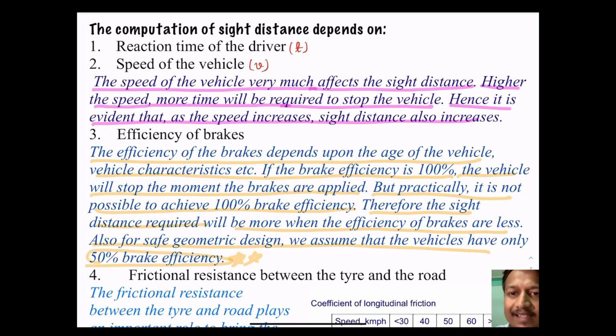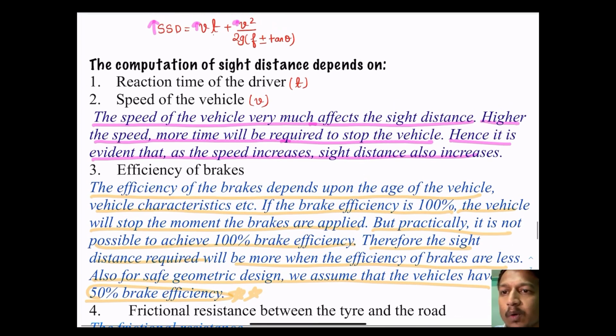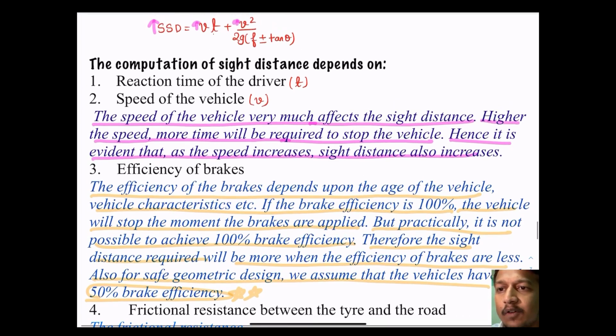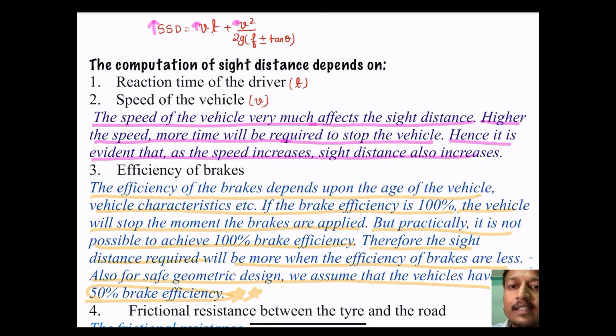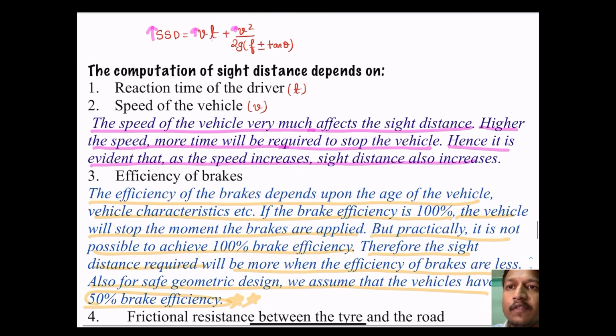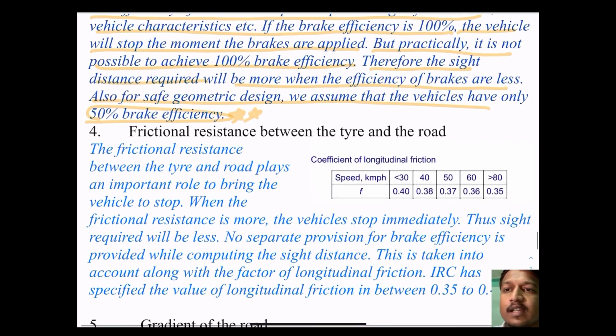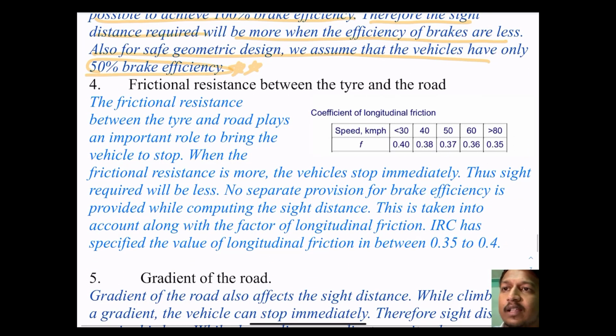It means that for a safer design, IRC has taken only 50% of the braking efficiency. If 50% braking efficiency is the worst condition and the driver is safe, then in a better condition the driver is already more safe.